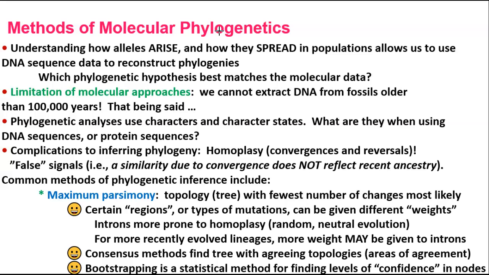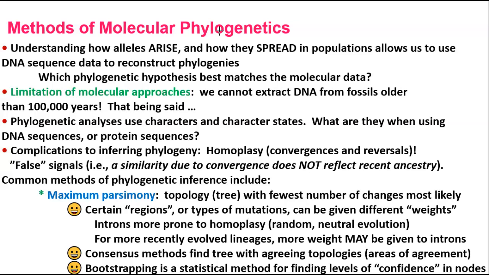We can extract molecular information from organisms of those species, and we're able to use that data to come up with phylogenetic hypotheses that would never have been possible with fossil or anatomical data alone. So while there are limitations to molecular approaches, there are also tremendous breakthroughs in phylogenetics because of molecular data.